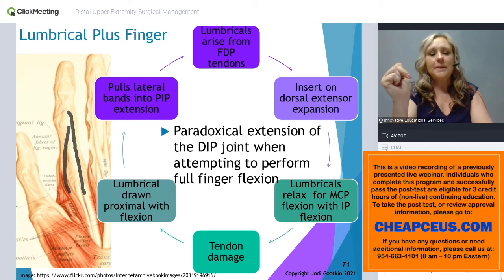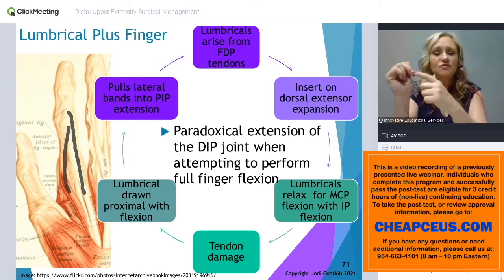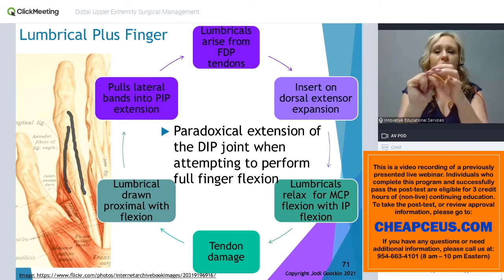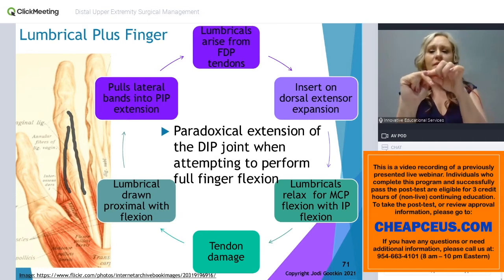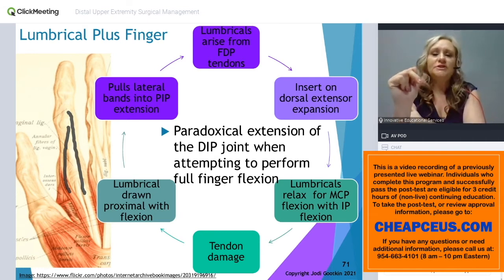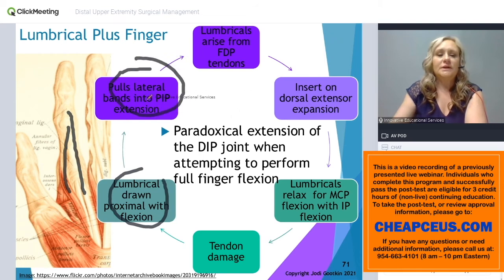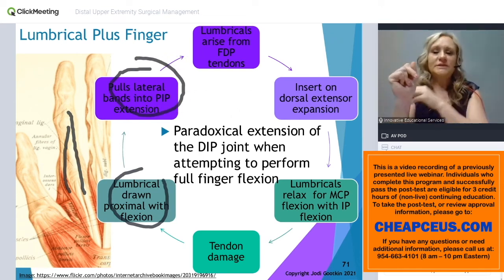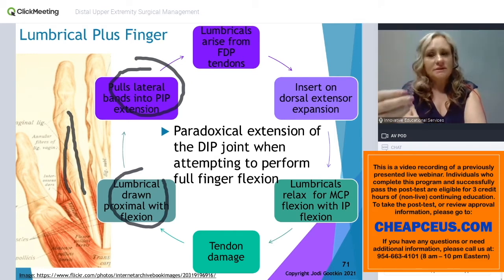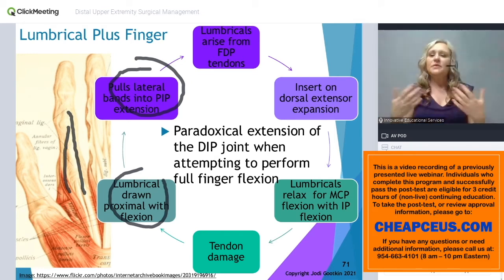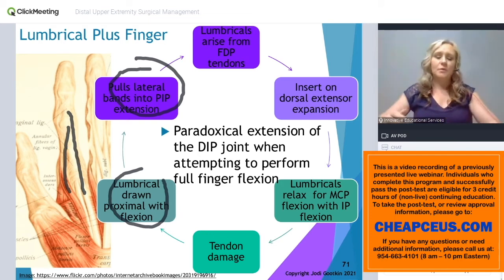The reason this happens is because as the flexor digitorum profundus is telling them to flex down, if that tendon has ruptured, the lumbrical now takes over, and that lumbrical performs the interphalangeal extension. So that lumbrical kicks in and does the interphalangeal extension, and that's why we see that finger kicking out. So it's another indicator that there has been some type of disruption to that repair that we would need to communicate back to the physician about.